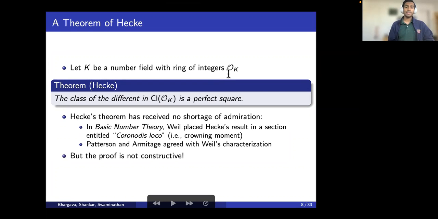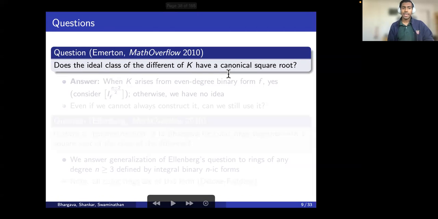As amazing as it is, the proof of this result is not constructive. It says that there exists a square root of the class of the inverse different, but it doesn't give you a recipe for constructing one. And because of that, Emerton posted the following question on Math Overflow in 2010. He asked, does the ideal class of the different of K have a canonical square root?